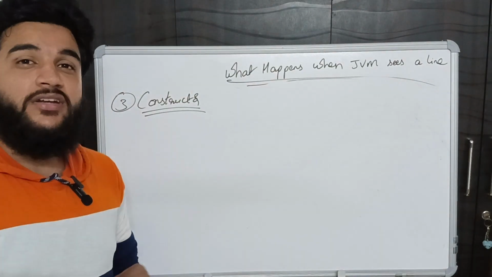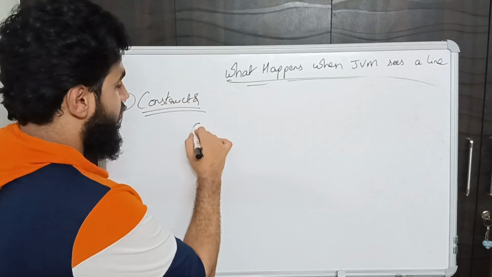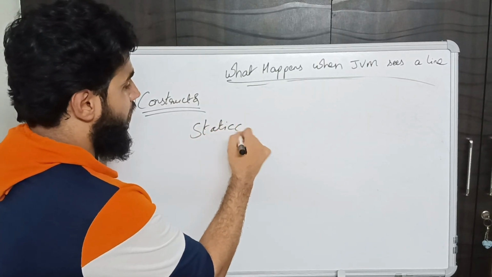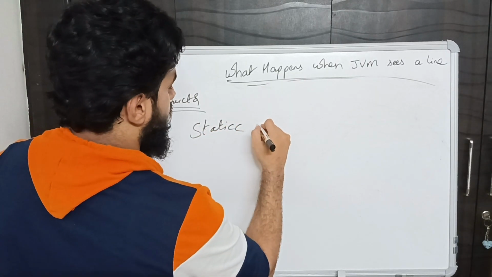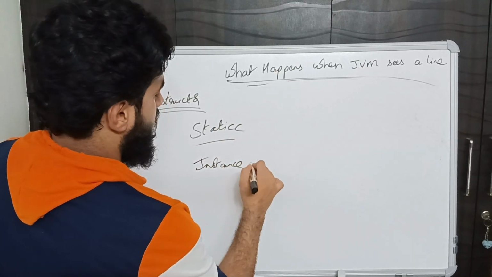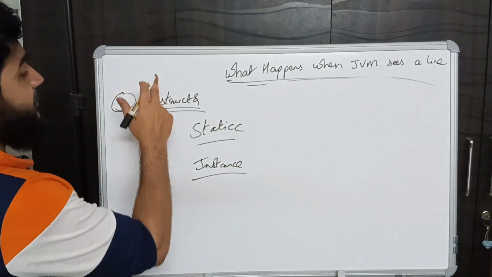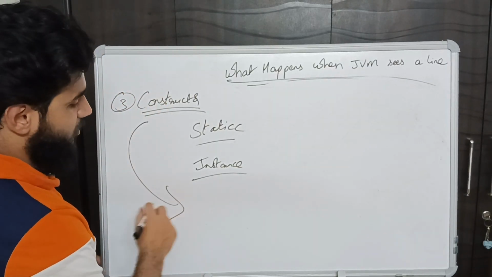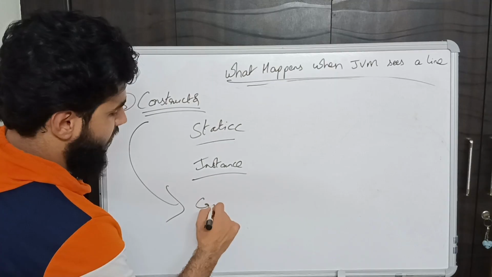So, after all the static blocks are executed and after all the instance blocks are executed, the JVM will then call the constructor of the class to create a new object.